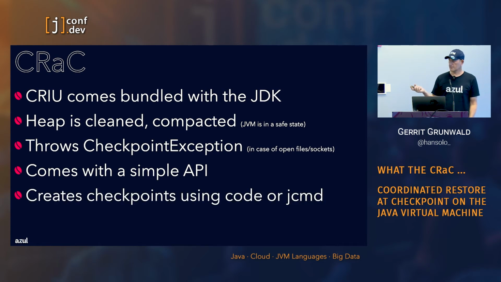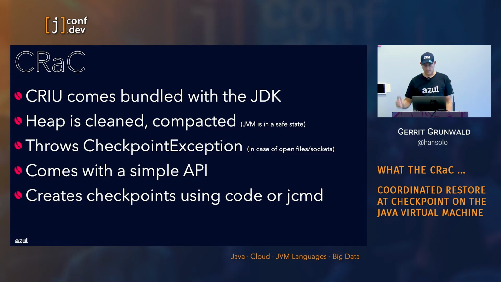And it can create checkpoints using either code or jcmd. Right, so you can create a checkpoint in code. Sometimes that makes sense. Sometimes I personally prefer jcmd. You have to do it from the outside. But the problem then is how to figure out when the application is fully optimized. Sounds easy, but it's not really, right? Because if you run an application, how do you know now all the compilation is done?